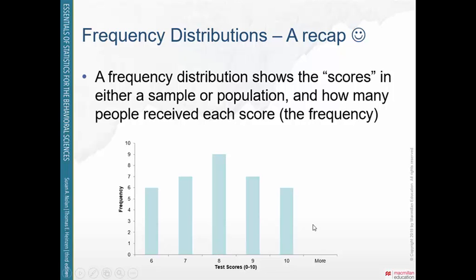This actually should be a histogram. I don't know if you noticed that there's a problem with my graph here, and that is that in a histogram, the bars should be touching each other. I made a little mistake on this graph. A histogram is created when your values are numeric values, numbers.